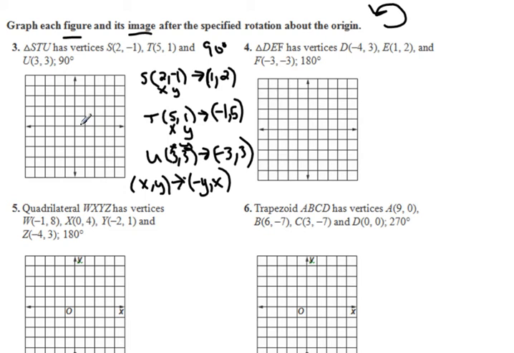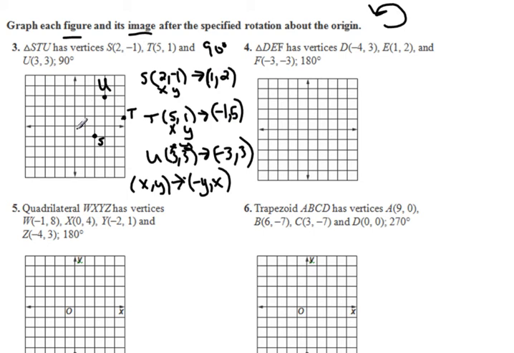So plotting the points, we have 2, -1, that's our original S. T is 5, 1, 1, 2, 3, 4, 5, up 1. Oh wait, sorry. S is going to be 2, -1. And then U is 3, 3, so 1, 2, 3, 1, 2, 3. And then plotting my S prime, T prime, U prime.